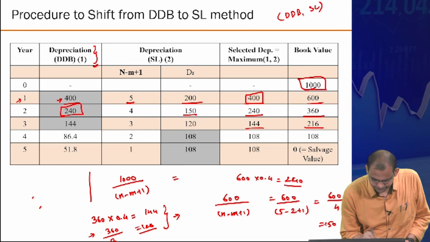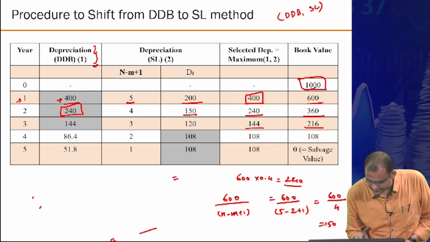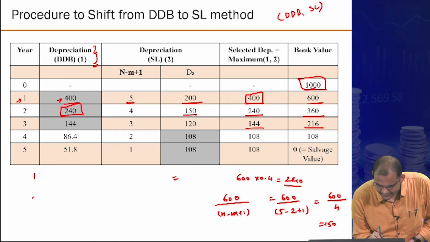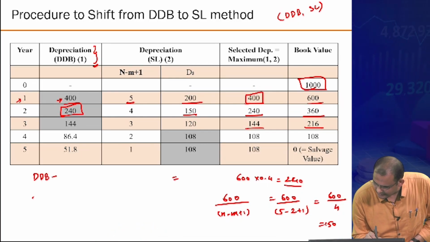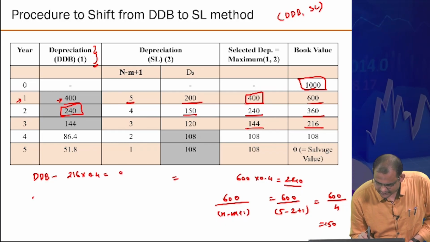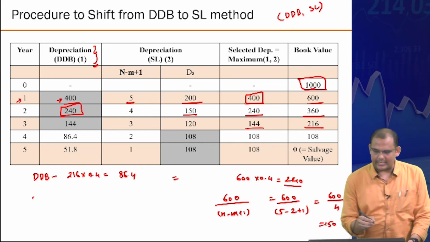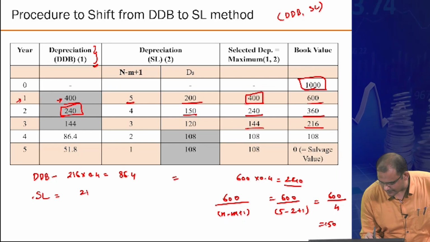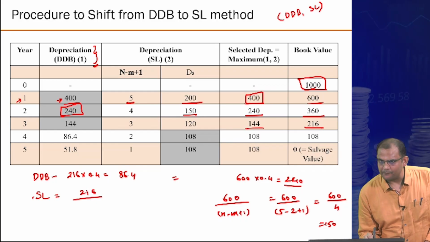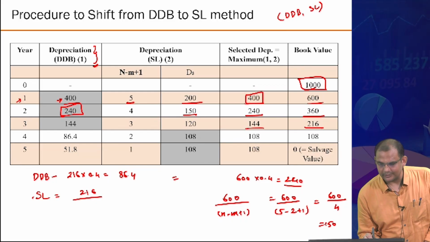Year 4. Year 4 calculation. Using DDB, what's the depreciation amount? 216 multiplied by 0.4. What is this? 86.4. Straight line method, 216 divided by 2 or 3?